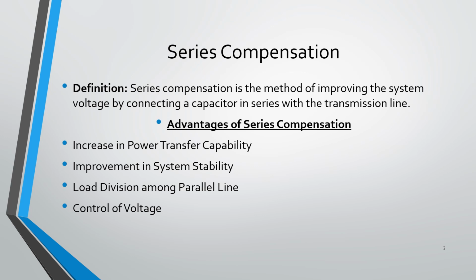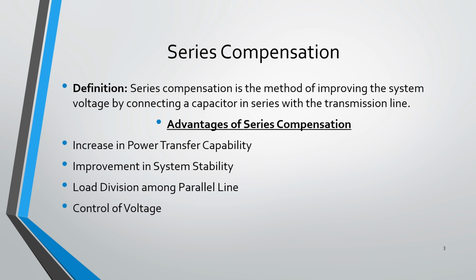The most common one is increased power transfer capability. Obviously, we compensate the transmission line by series or parallel compensation to improve the power transfer capability, because if there is some voltage drop or a reactive or active power imbalance, we will face problems at generation and at the load end. So we use compensation to increase the power transfer capability of the transmission line.